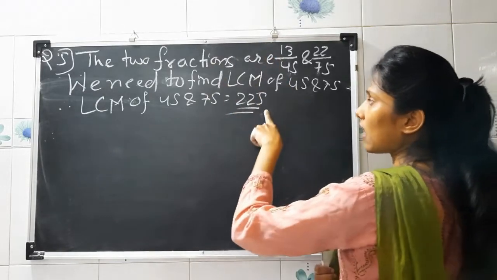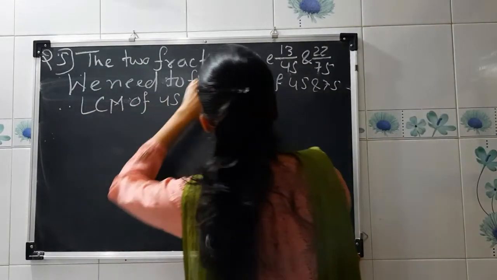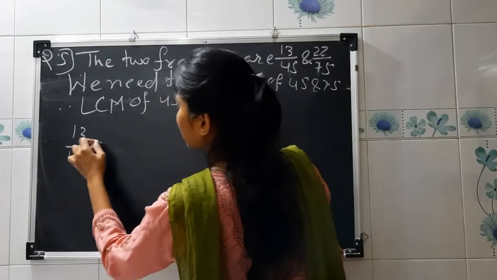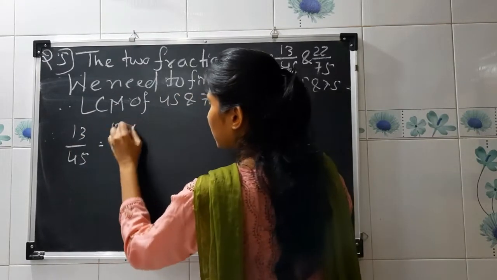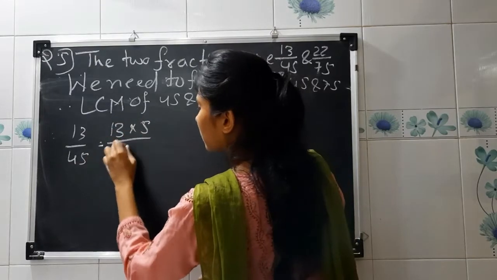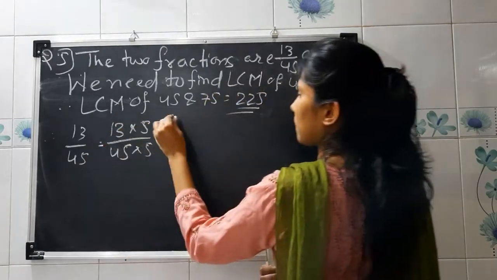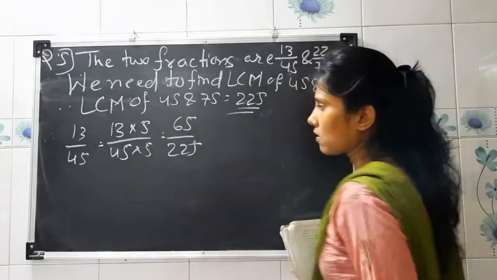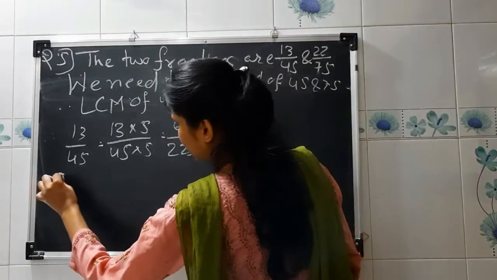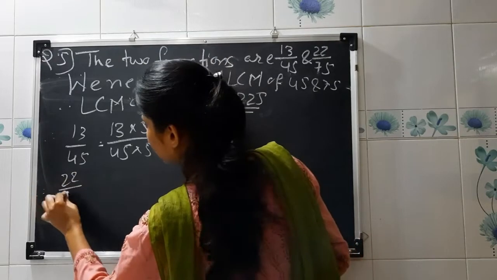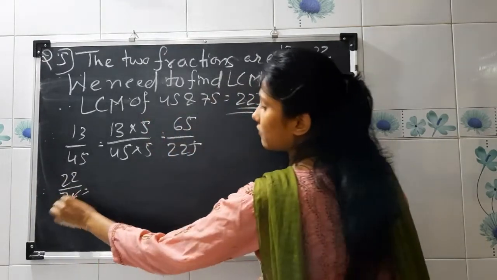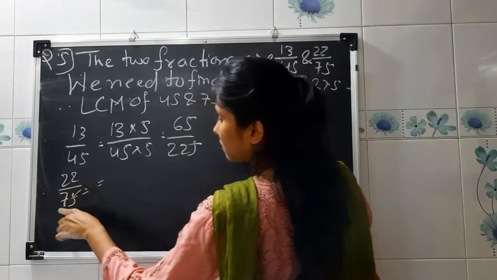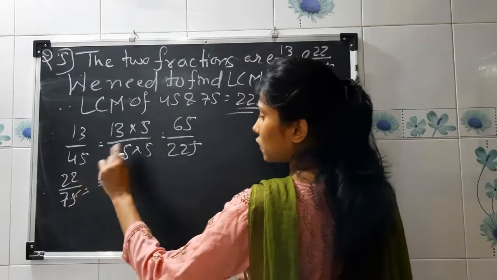45 fives are 225. So we will multiply both this numerator and denominator by 5. Then again 75, how many are 225? 3s are. So we will multiply both the denominator and numerator by 3.